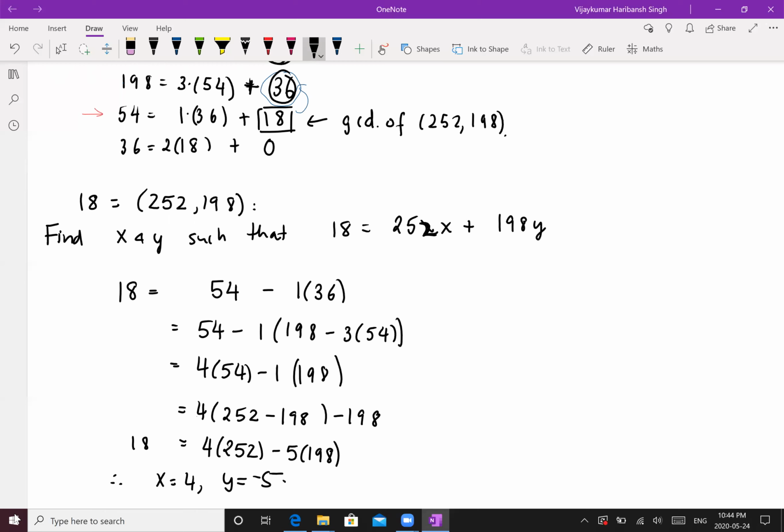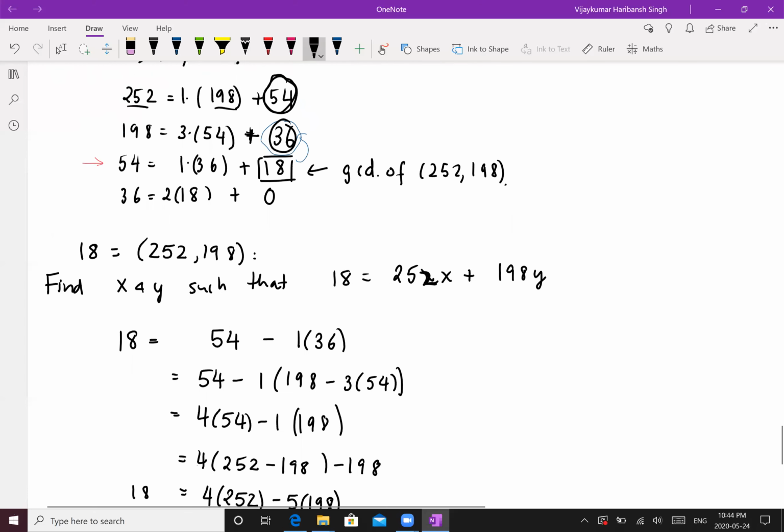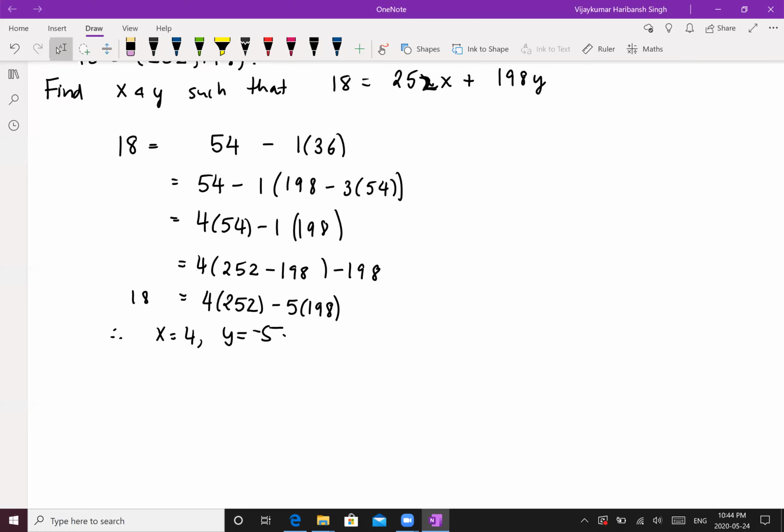Okay, so now comes the Euclidean algorithm. What is the Euclidean algorithm? The Euclidean algorithm is about computing the GCD. It is basically a theorem.